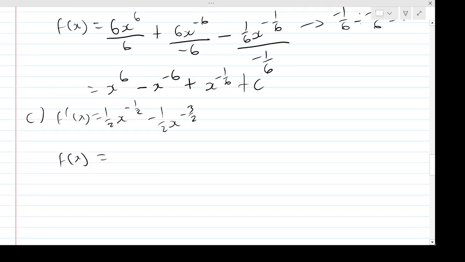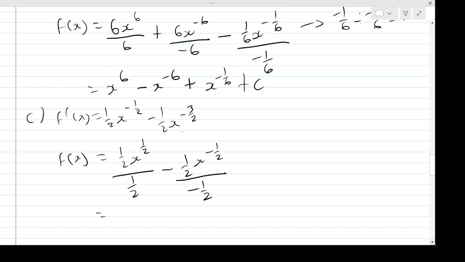So f of x is going to be, well, a half x. Then we add 1 to the power. Well, minus a half add 1 is plus a half. Then we divide by the power. So divide by half. Then for the second part, the second term here, minus a half x, then minus 3 over 2. If we add 1 to the power, it will be minus 1 over 2. Then we divide by that power of minus a half.